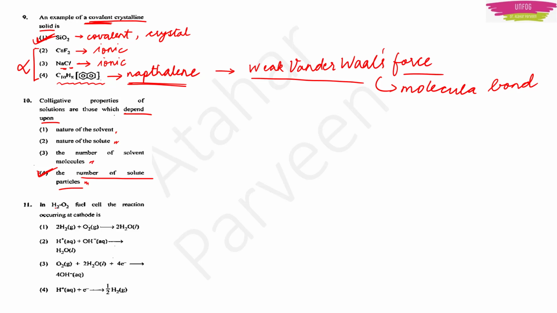Now, the 11th question is asking: in a H2O2 fuel cell, the reaction occurring at the cathode is. So, actually in a H2O2 fuel cell, the reaction occurring at the anode can be written as H2 plus 2OH minus gives 2H2O plus 2 electrons.